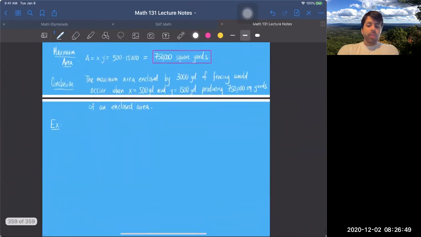Now the next one that we're going to do is a pretty classic optimization problem that we always bring up as an example. So let's see what this is.